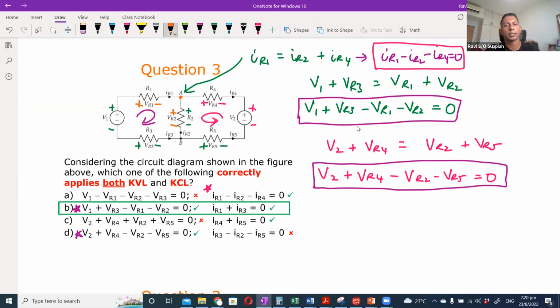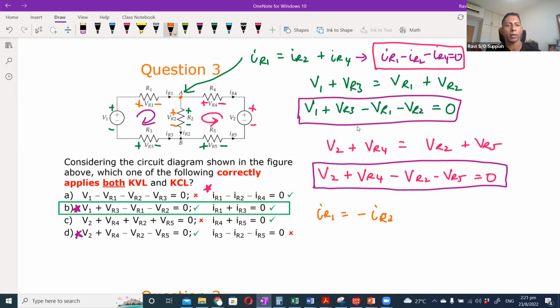If I look at this entire branch, the V1 branch, IR1 is the same as IR3 in terms of magnitude. But current can only flow in one direction, so IR1 and IR3 are actually opposite to each other. So you can say that IR1 equals negative IR3.